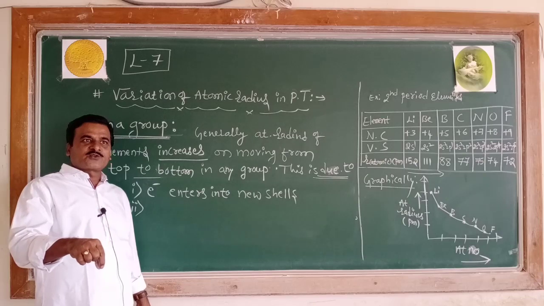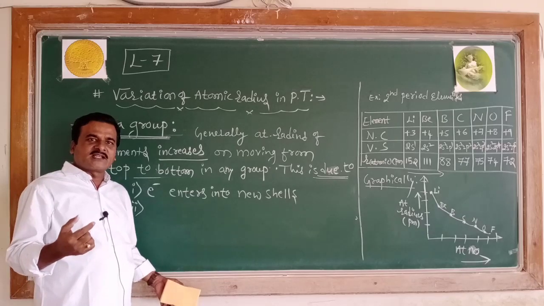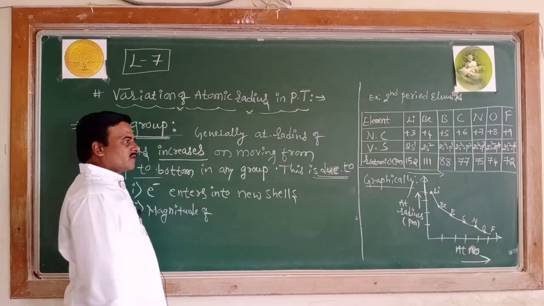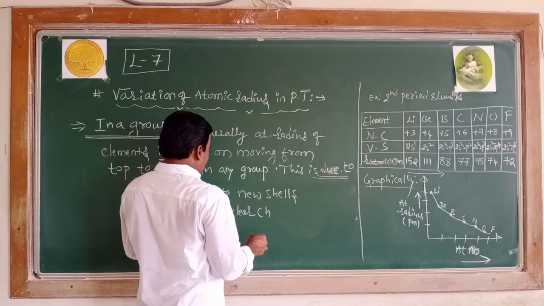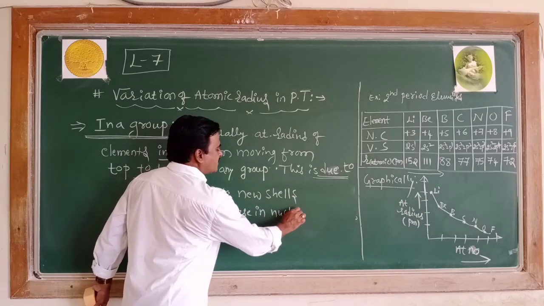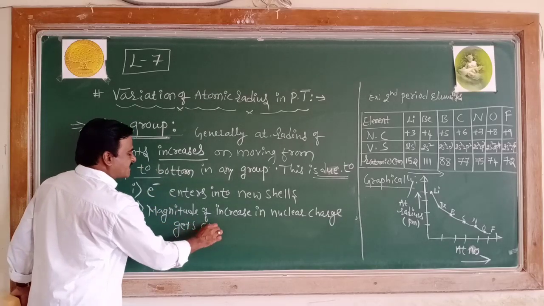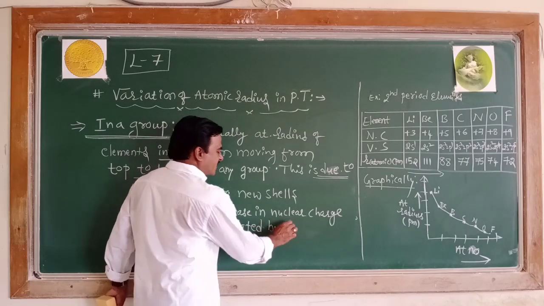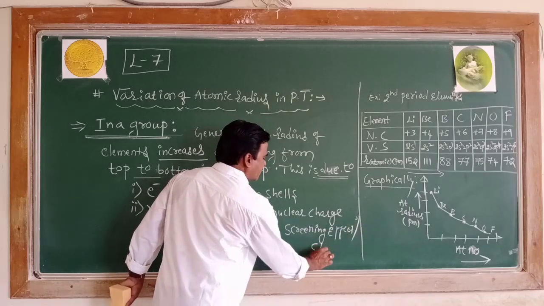Though the electrons are entering into new shells down the group, the nuclear charge also increases, but the magnitude of the increasing nuclear charge gets compensated by the screening effect, or shielding effect.